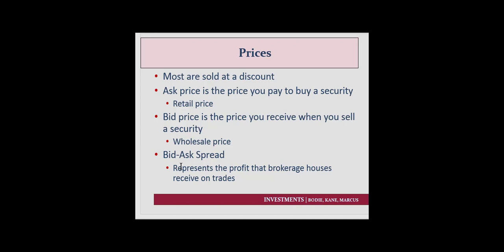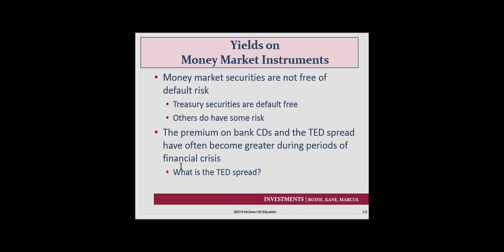That's the price that you get when you sell the security. So it's the wholesale price. This is what you get when you give the security to the broker. Ask price is what you pay when you get it back from the broker. So the bid-ask spread represents the profit to the brokerage house on trades.